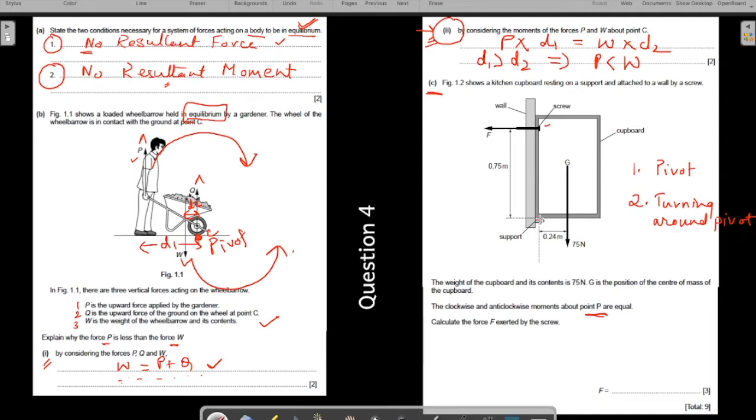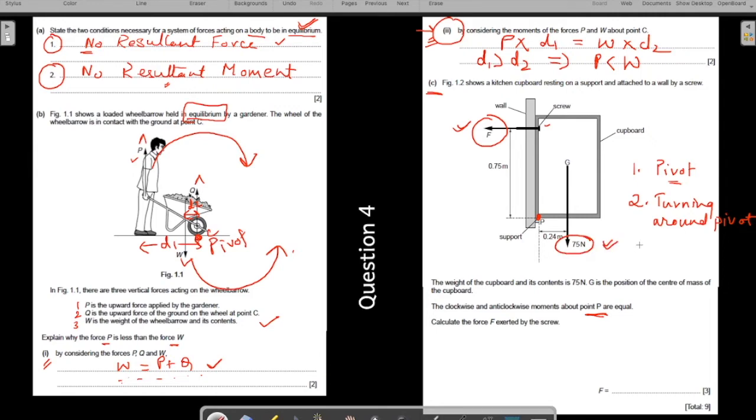So this is the point P, which is your pivot. So how is the turning happening? By the forces that you see in the picture. Where are the forces? There is a force F that you see marked on the picture. There is a force of 75 newtons that you see marked on the picture very clearly.